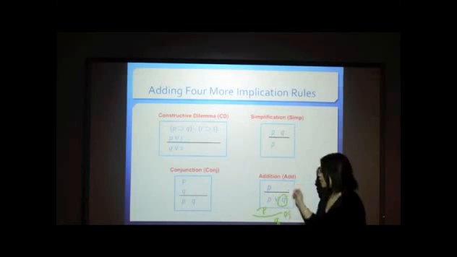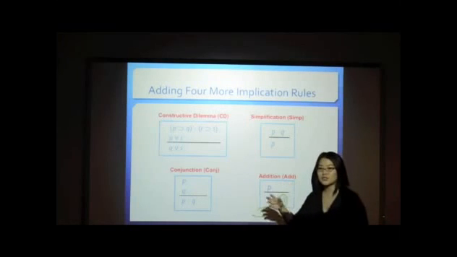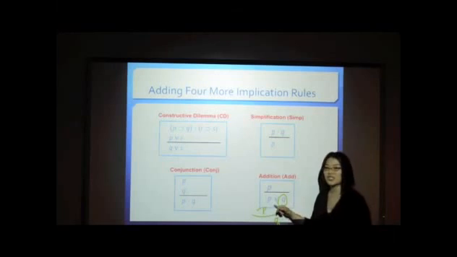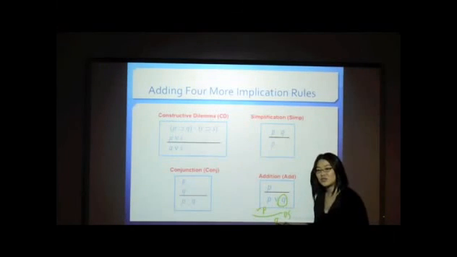So when you use addition to introduce a statement that you need, okay, you have to do it very carefully. You can't just willy-nilly try to introduce statements all the time that you need, okay, because it doesn't matter if you can introduce it into a disjunction if you don't have a way of getting it as an independent conclusion, okay?